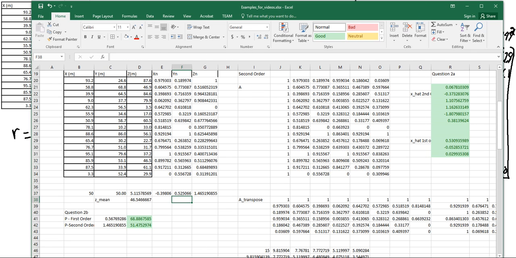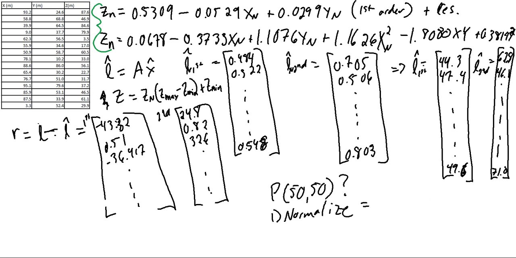All right, so now we've got those values. So my normalized values for P here, my X value was at negative. Shouldn't be a negative. 37, 24. Oh, I didn't change that.